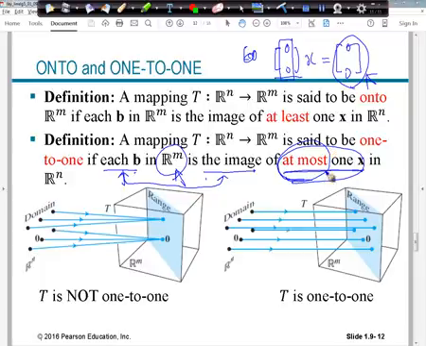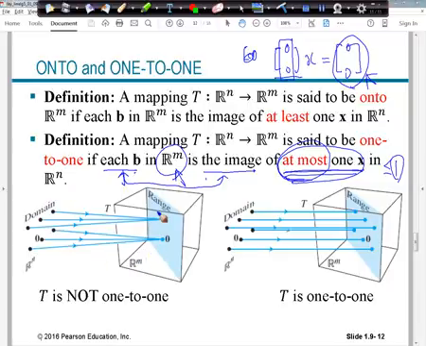At most means equal to 1 or less than 1. But for points inside of our span or our range, they get hit by at most one entry, which means in case they get hit, they can only get hit once. That is the definition of one-to-one.